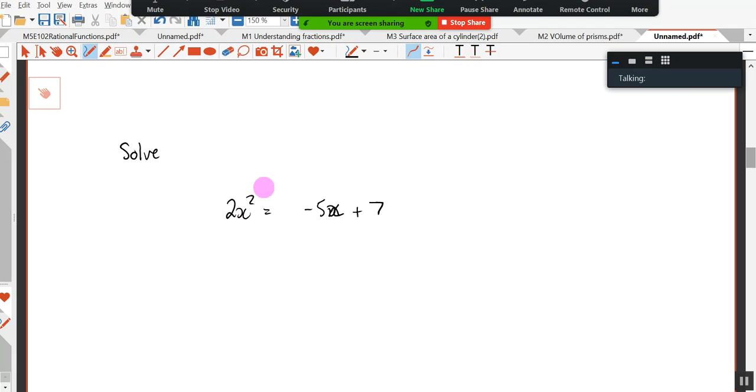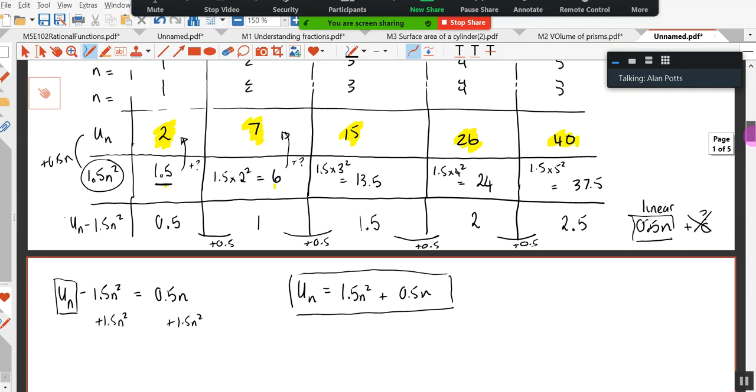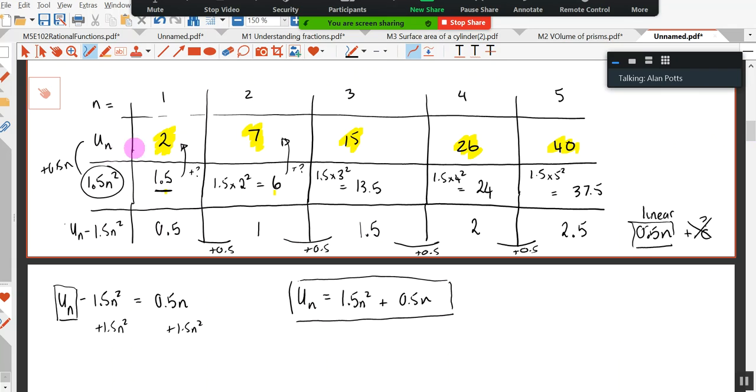So this is two different things, but this is the difference between a quadratic part and a linear part, and then we rearrange it to have 2x squared plus 5x minus 7 is 0. So there is your quadratic, but it's made of a linear bit and a quadratic bit. So it's kind of following along, slightly different in terms of what we're trying to achieve, but that kind of idea that the quadratic that we want is made up of a quadratic component and the linear component added together.